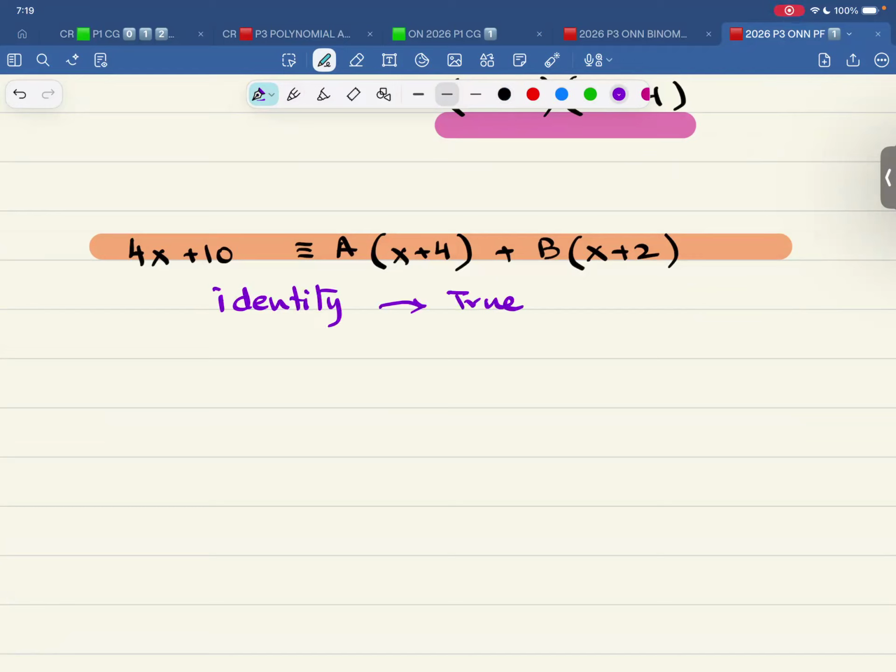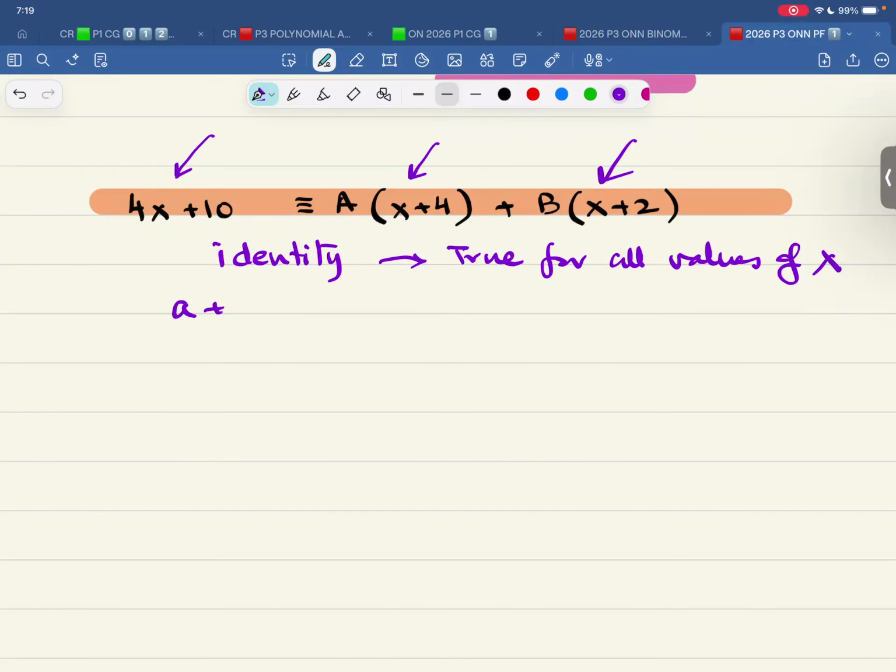True for all values of x. Whatever value you put on the left-hand side, whatever value you put on the right-hand side, it should be identical. Like the identity a plus b whole square, that is a square plus 2ab plus b square. Similarly, a minus b whole square is also an identity.